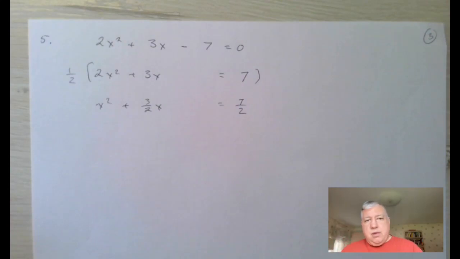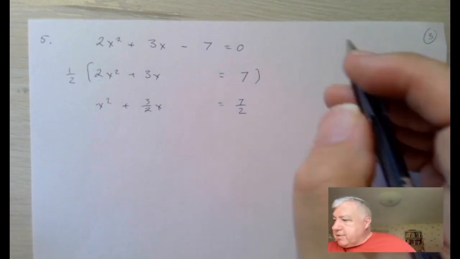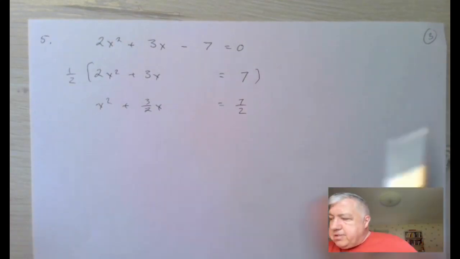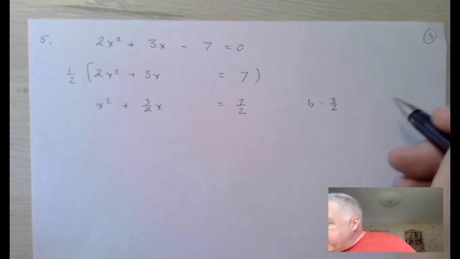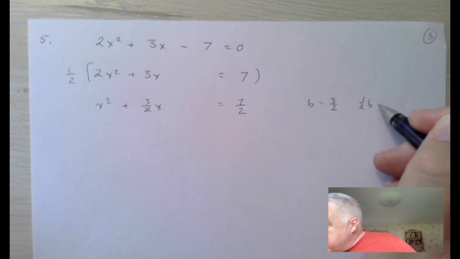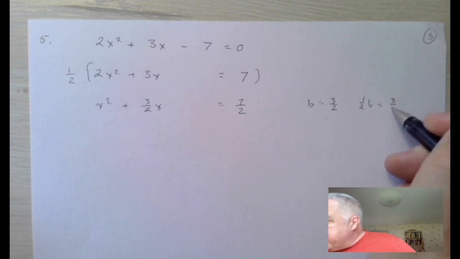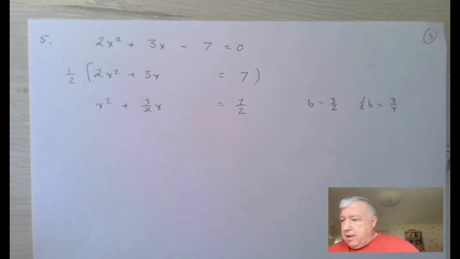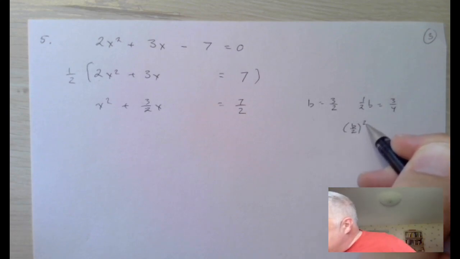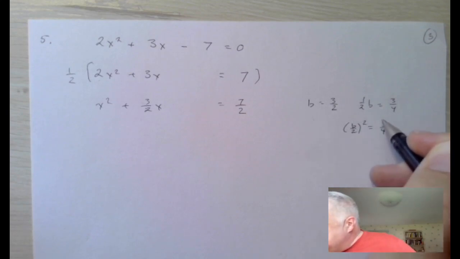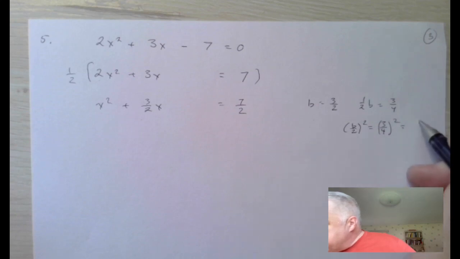Okay. And now we have x squared plus bx, where b is 3/2. 1/2 b will be 3/4. And 1/2 b squared, or b over 2 squared, will be 3/4 squared, which is 9/16.